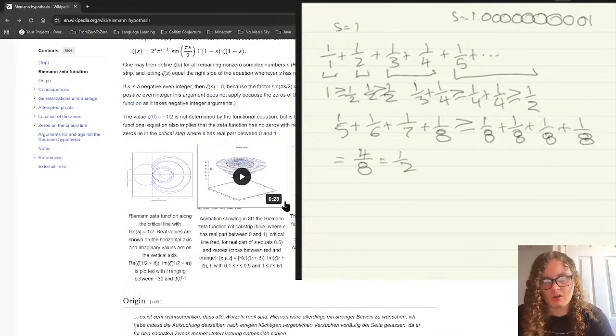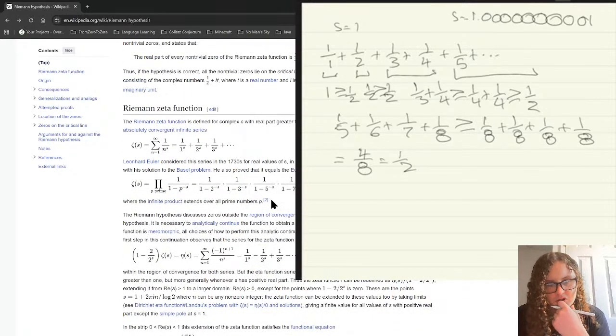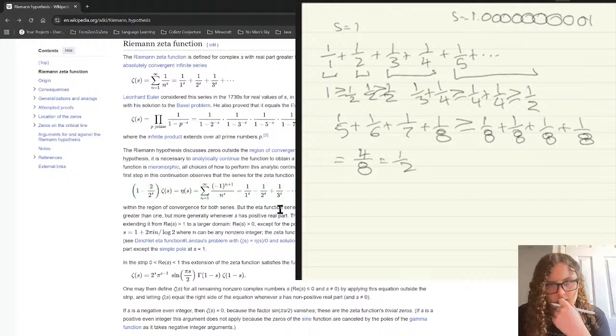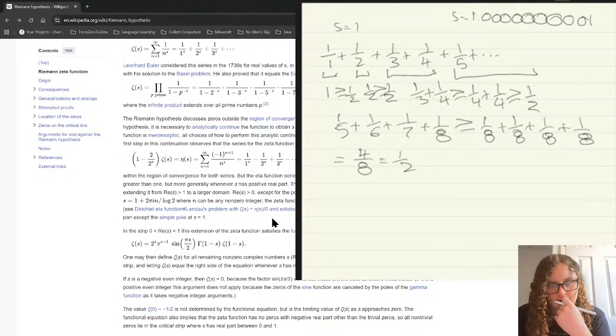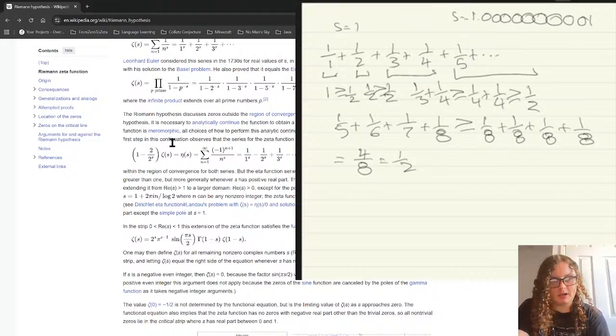So we have something called a functional equation, which allows us to define the function in terms of itself, but shifted. So, for instance, if we find that zeta 1 equals something in terms of zeta 2, and we know how to calculate zeta 2, then we can figure out what zeta 1 is.